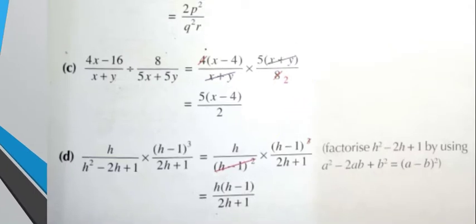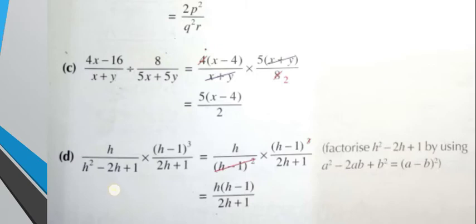So the 4 and 8 here you can also cancel. So you have 2 here. So x minus 4, you cannot do anything about it. So that will mean x minus 4 times 5 over 2. So you write the 5 first. The constant you always write first, and then the bracket.